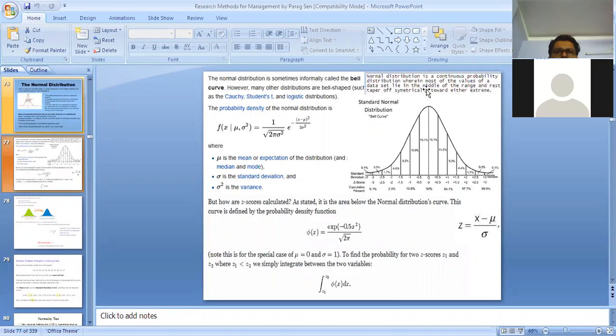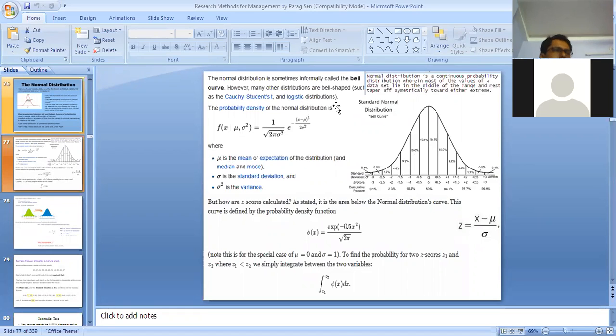What is normal distribution? Normal distribution is a continuous probability distribution wherein most of the values of a data set lie in the middle of the range or around the mean, and the rest of the data taper off symmetrically towards either extreme. This is the probability density of the normal distribution, which is nothing but a function.